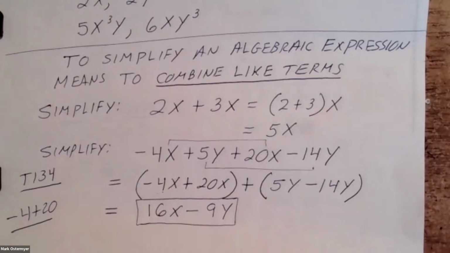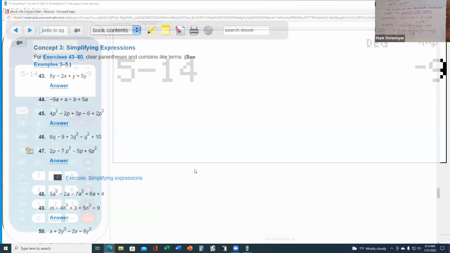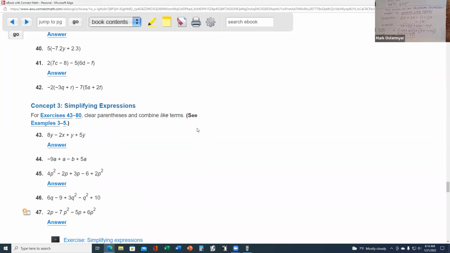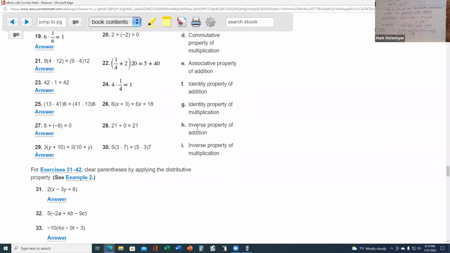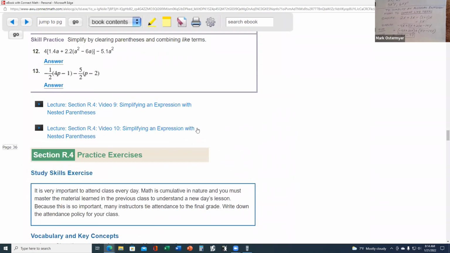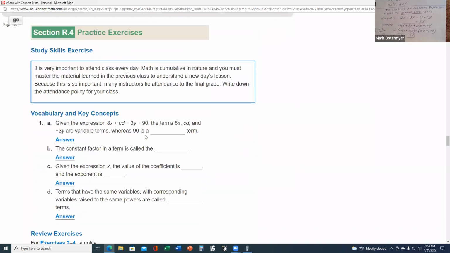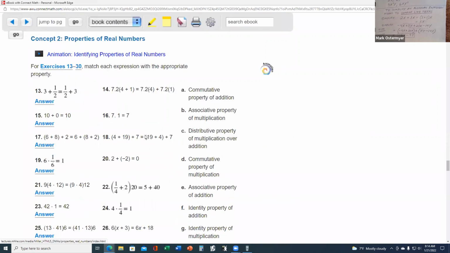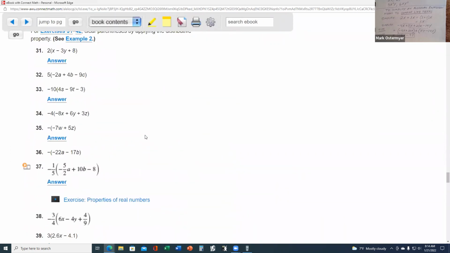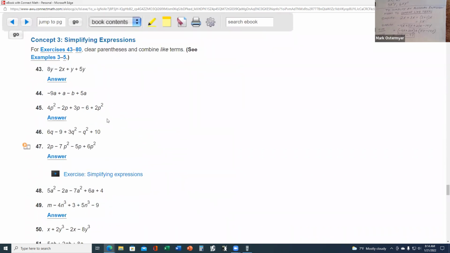All right, let's try a problem from our textbook. Okay, on page 36, the practice exercises begin for section R4. I'm going to go down and do a problem here. Let's see if we can do number 45 here.